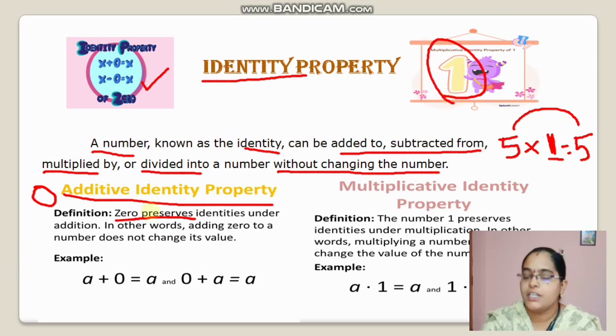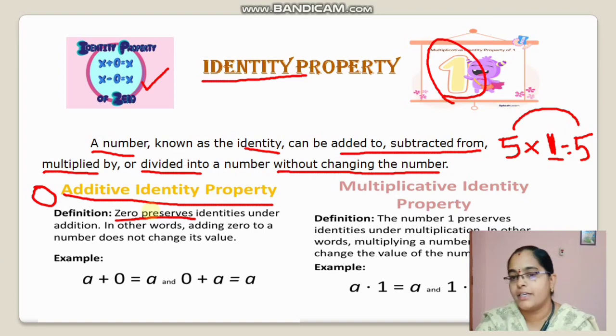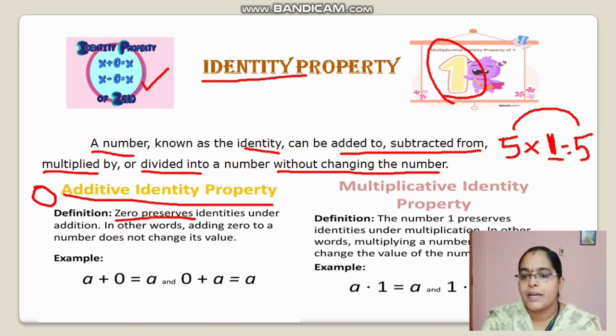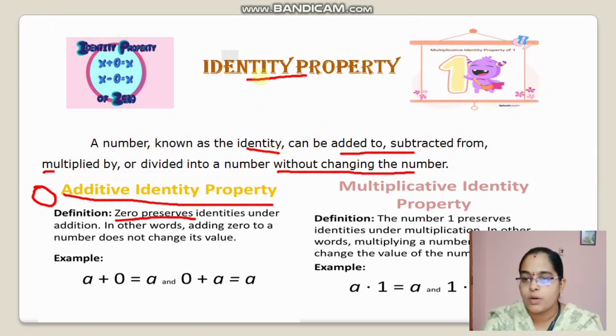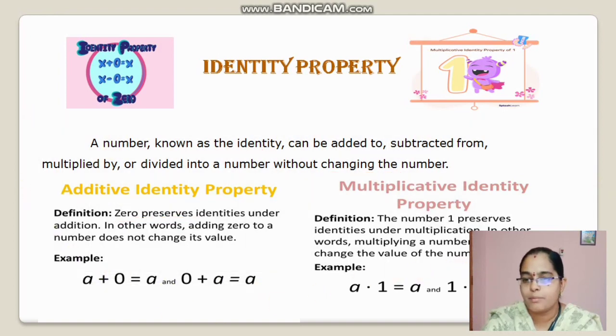Only for addition and multiplication we have identities. Remember this: the additive identity is 0 and the multiplicative identity is 1. By using this identity property we can solve problems also, and based on this we may get some bits in our exams.